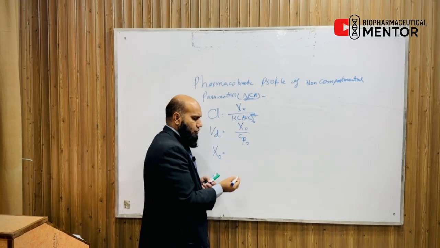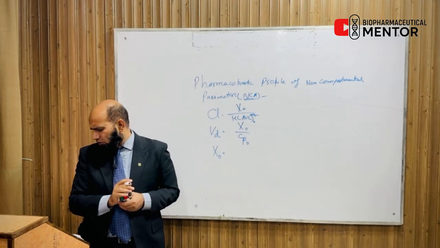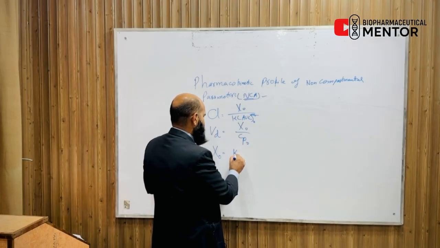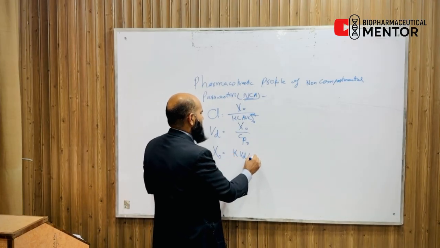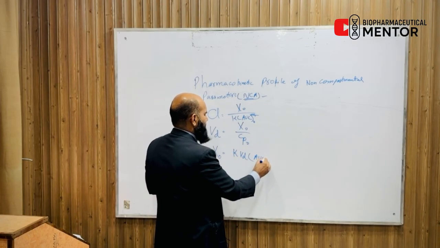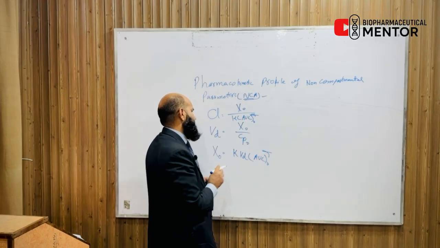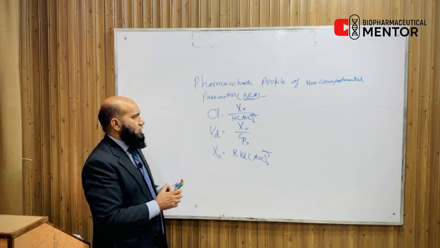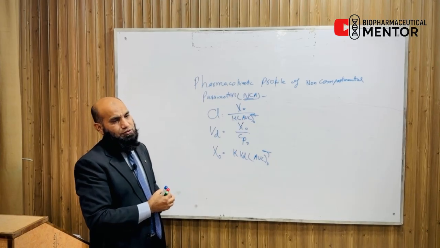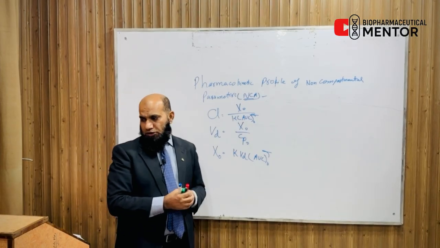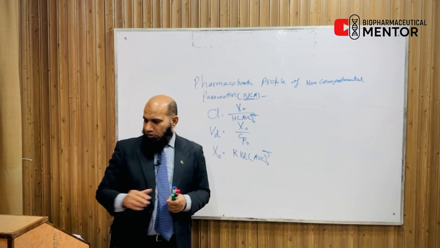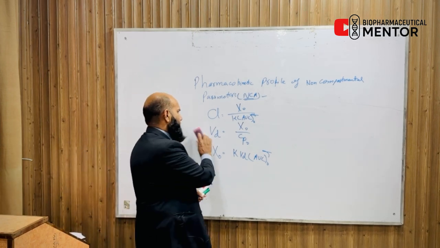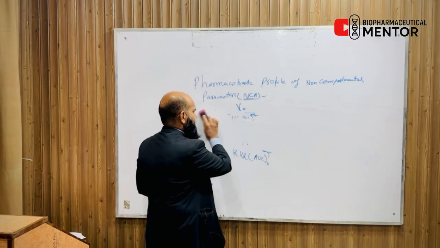And in case of dose, we can calculate this with K into VD into AUC 0 to infinity. These are the basic terminologies which we have to calculate. I will explain the basic concept of clearance today, how to calculate the clearance of the drug.